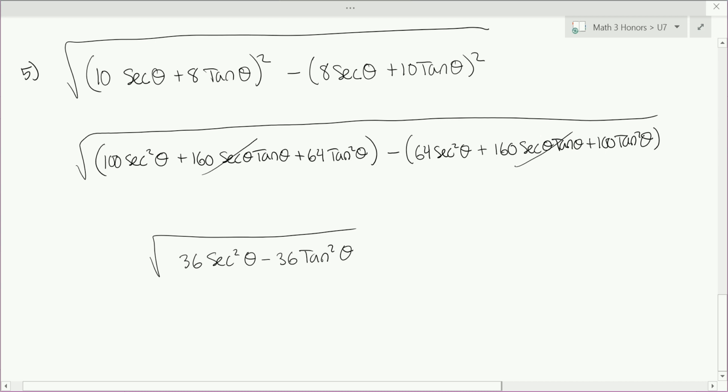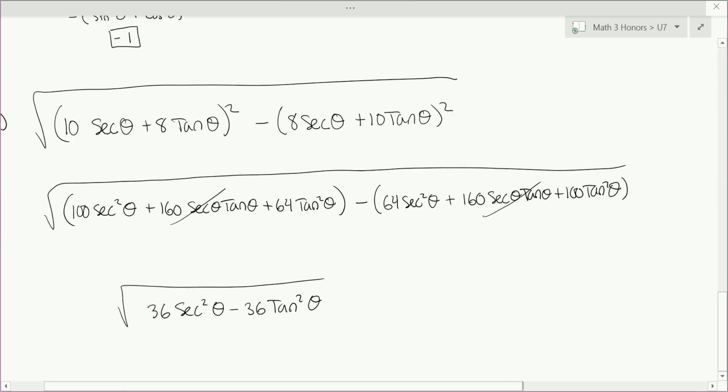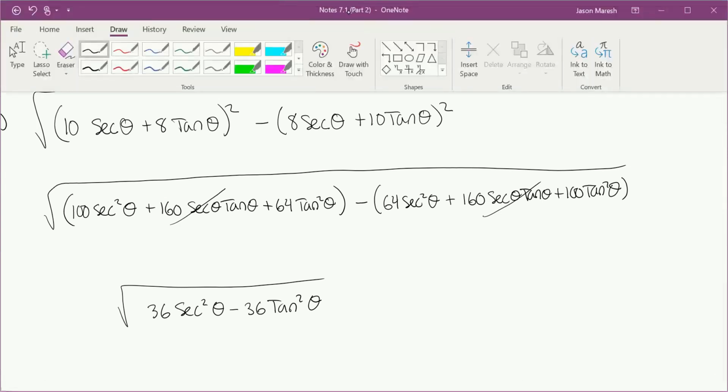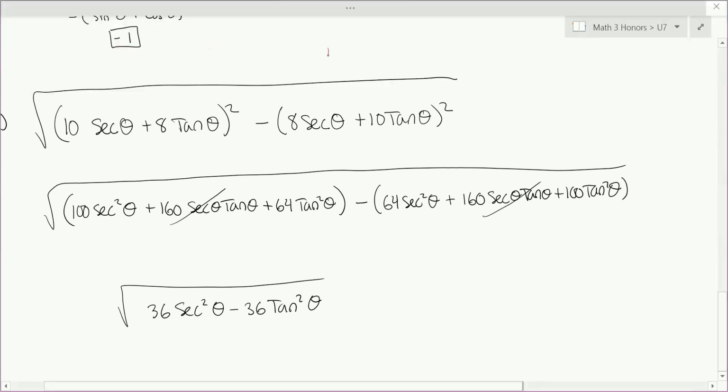Okay, how I got 160? Okay, so when you multiply out, when you do the 10 secant plus 8 tangent times 10 secant plus 8 tangent, do it on the side here. So you have to go 10 secant plus 8 tangent times another 10 secant plus 8 tangent.